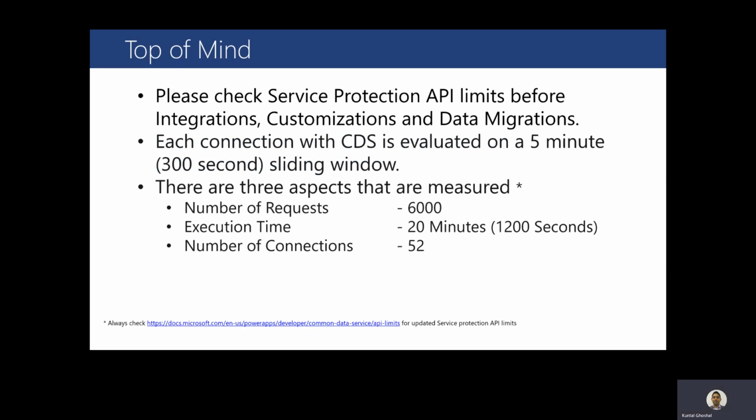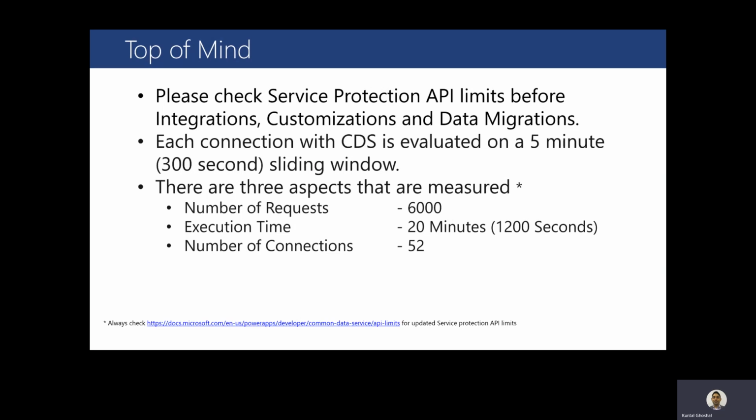So these are some of the numbers that we provided on a 5-minute sliding window that you should take care of. Service protection API limits specifically kick in when you are doing a data migration, and sometimes you will get a lot of these 429 too many requests errors, or if you're using SOAP, organization service fault errors.